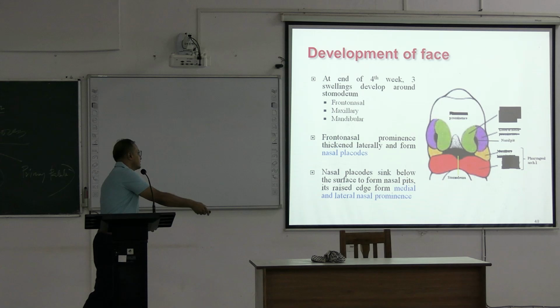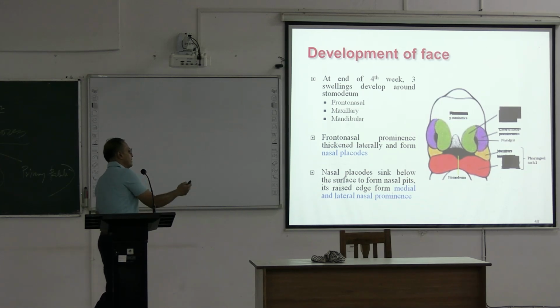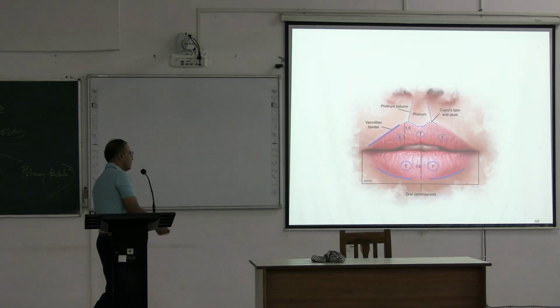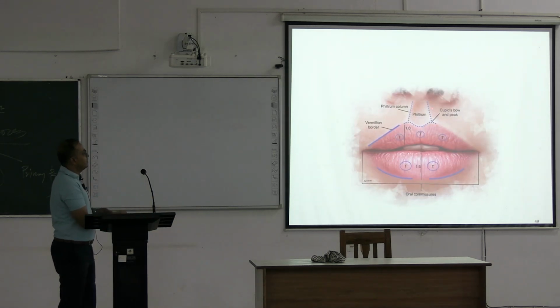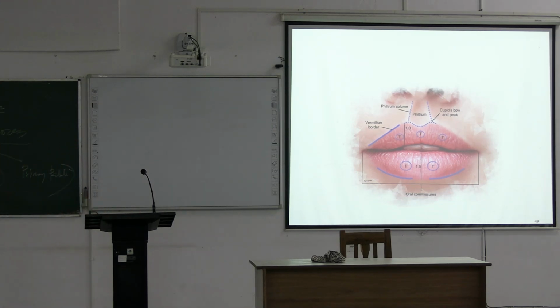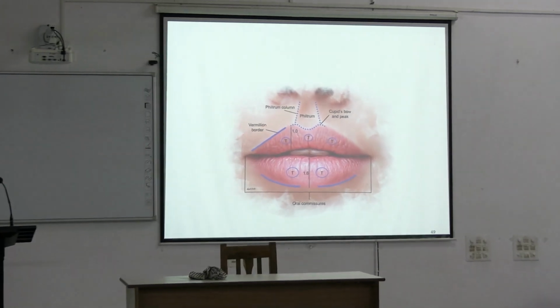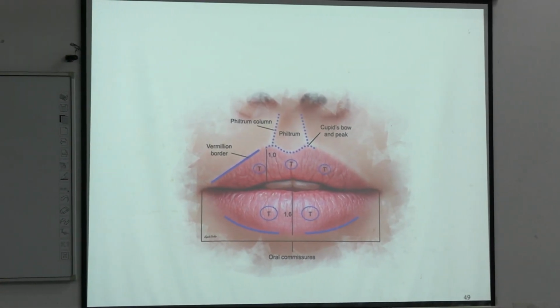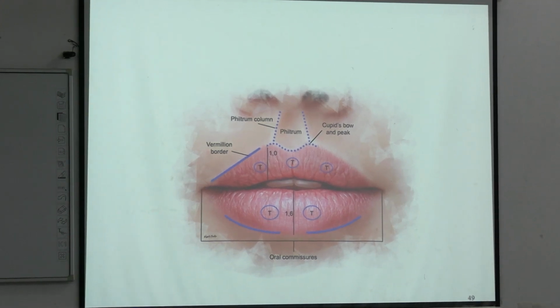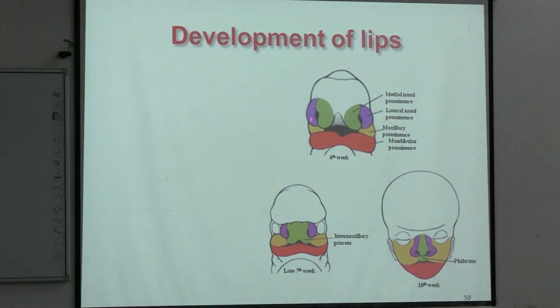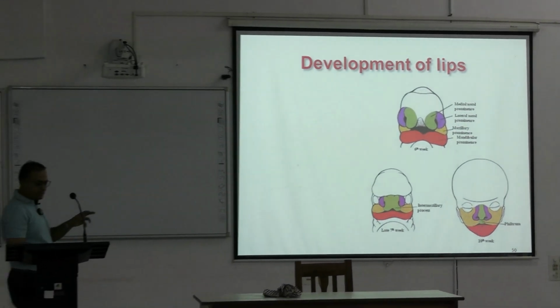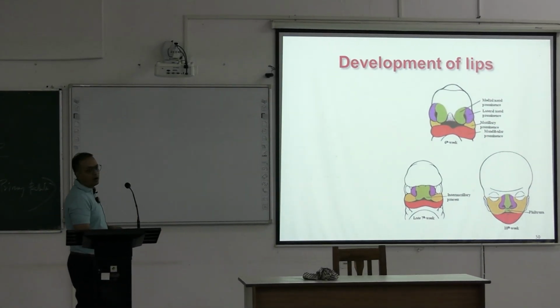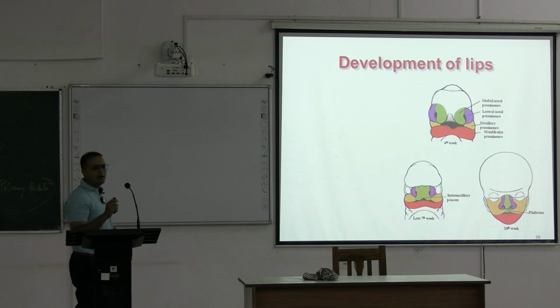Now again, in this picture of the lip, the philtrum part of the upper lip is formed by the green tissue. That green tissue we call the fused intermaxillary process. The vermilion border, right side and left side, is formed by the fusion of the maxillary prominences. So the right side and left side maxillary prominences, these orange tissues, make the vermilion border of the upper lip. So this is how this part is formed.